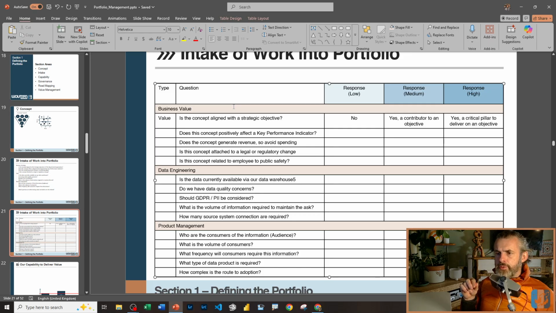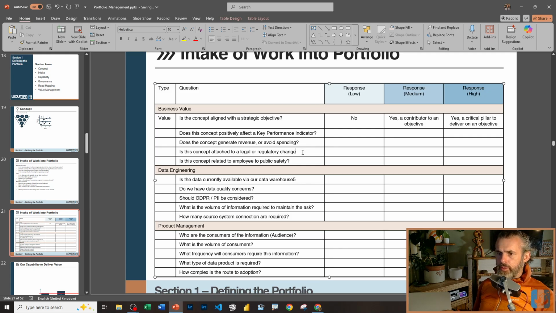Does this concept generate revenue? Or avoid spending? That could probably be worded better, but I think you get the gist. It either generates or avoids operating costs, or yeah, let's leave it at that for the moment.